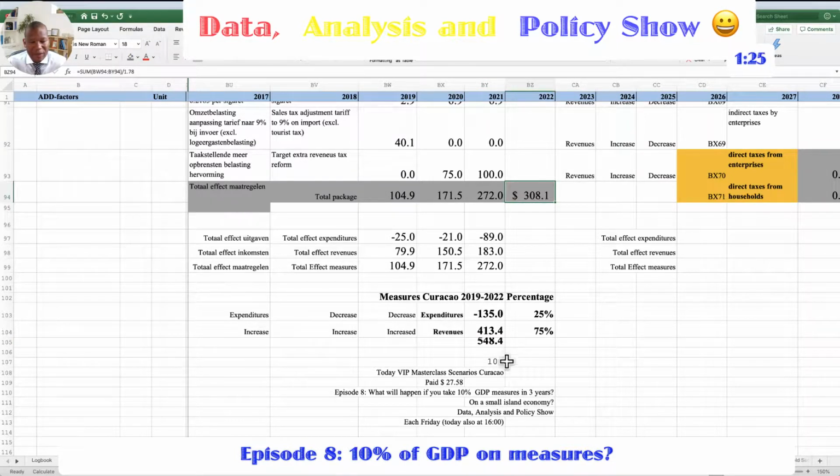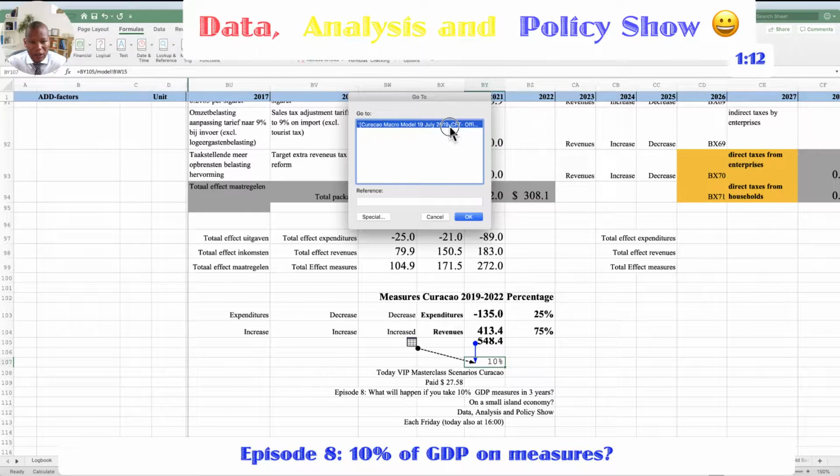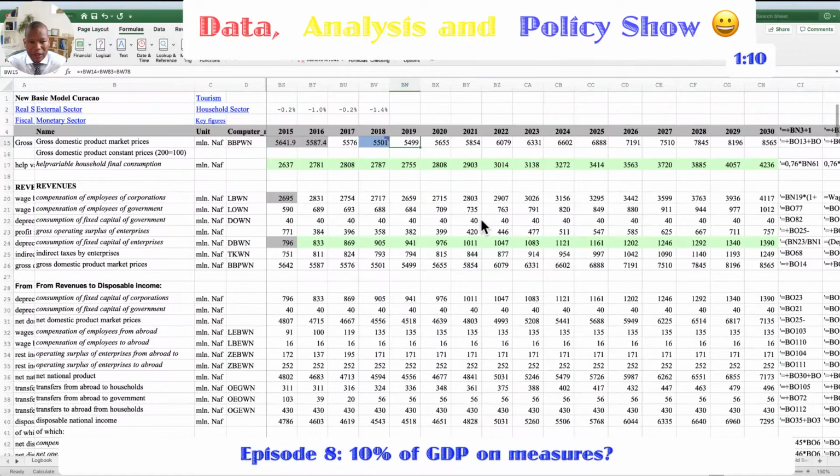How much is that from the economy? Now I go here and I can show you the total economy formula, the total economy of Curacao. And we have these kind of models also for the 8 Eastern Caribbean islands. So the total economy is 5.4 billion.